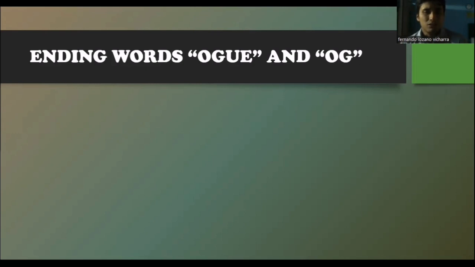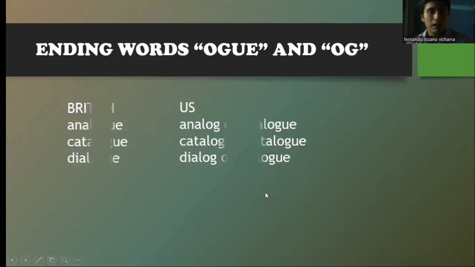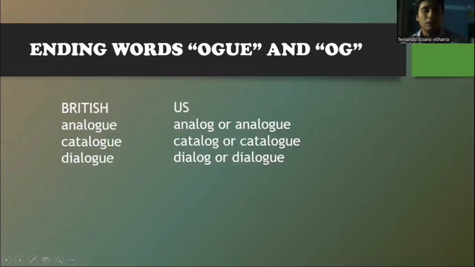But in this case, it's due to the omission of UE, because American English considers the completed spelling and sound in both cases, such as the words analogue or analog, catalogue or catalog, dialogue or dialog.